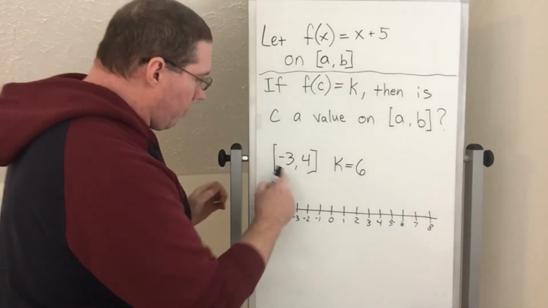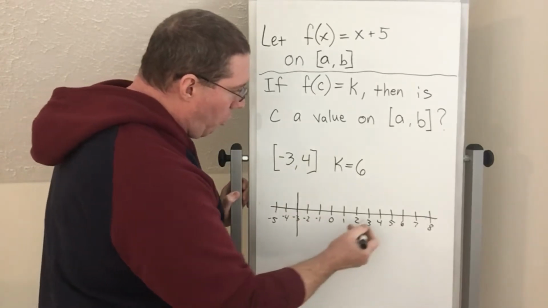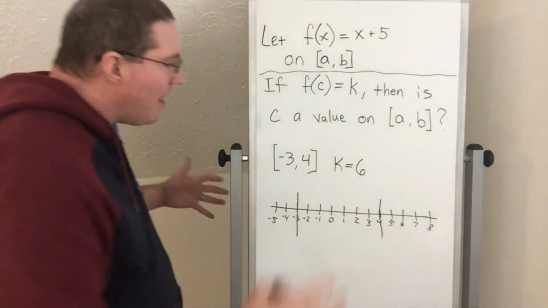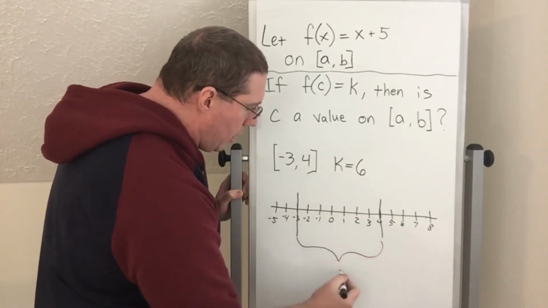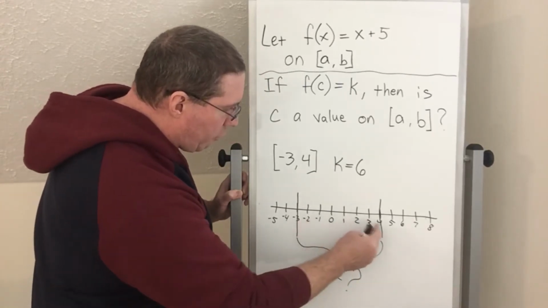A is -3, right? That's right here. Boom, -3. B is 4. Boom, that's right here. And what we're trying to figure out is, is the value of c somewhere in here, okay? Is c in between -3 and 4?